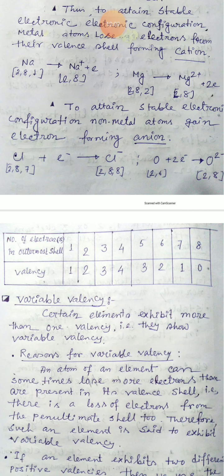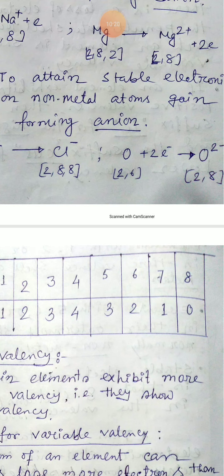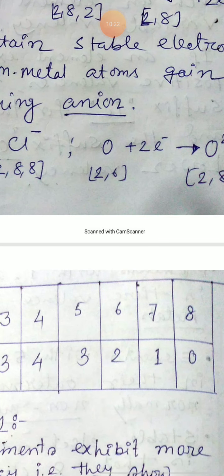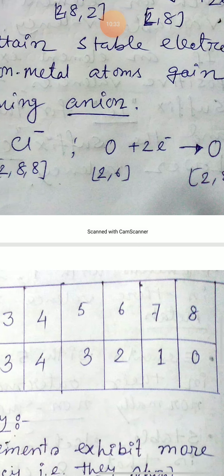As there are 8 electrons in the valence shell of Cl-, Cl- is more stable than Cl. Similarly, the electronic configuration of oxygen is 2, 6. After gaining 2 electrons, it becomes O2-. In O2- there are a total of 8 electrons in the valence shell, so O2- is more stable than O.